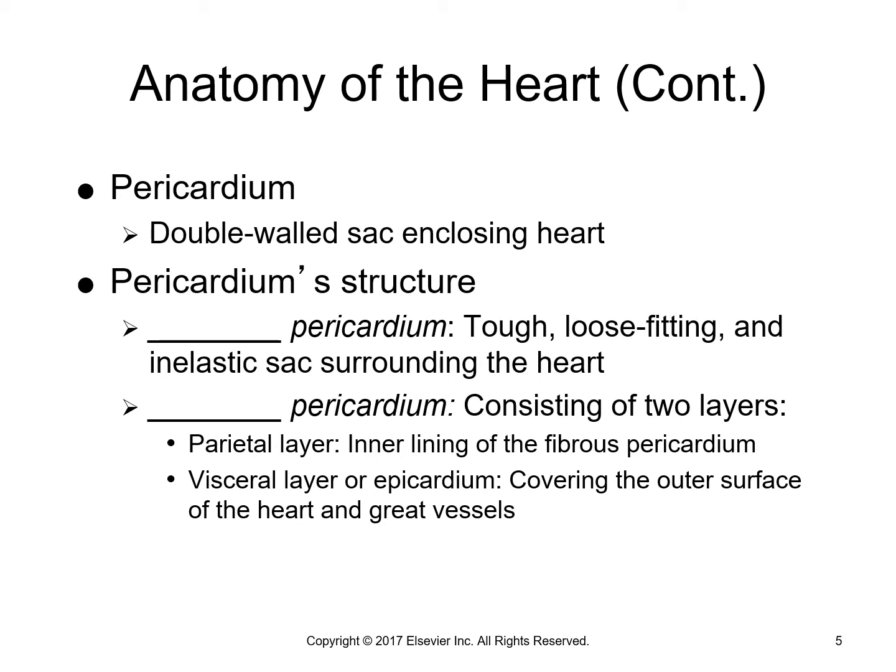And then the visceral layer, or epicardium. Be familiar with both of those terms. That is the innermost of those two layers, and it is what covers the heart and the great vessels.